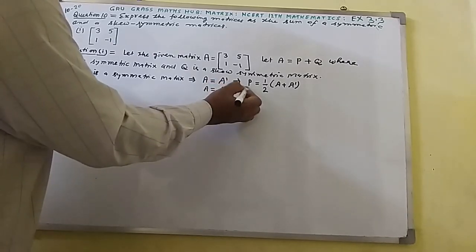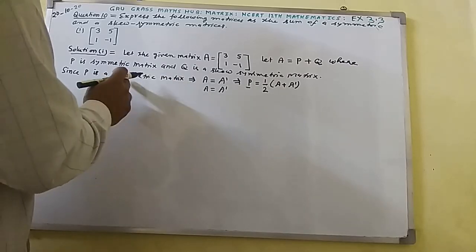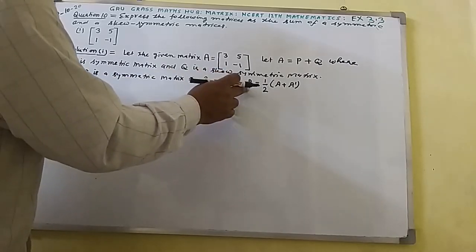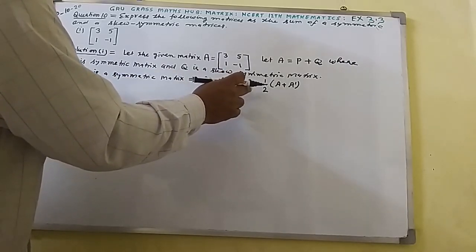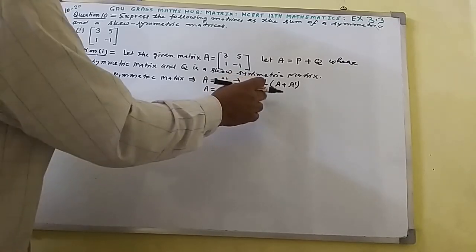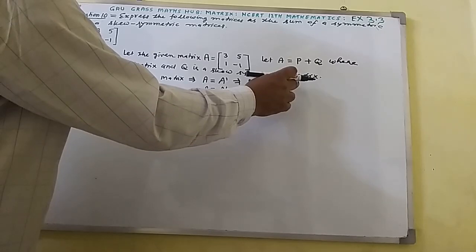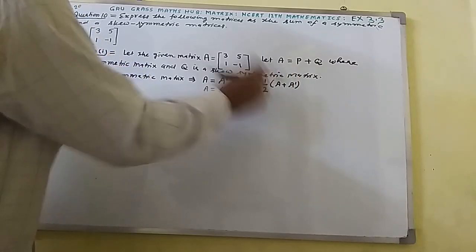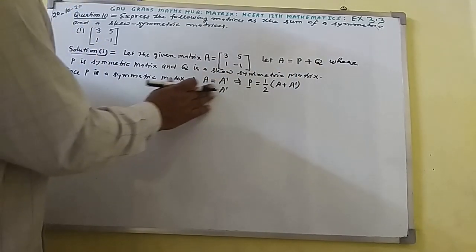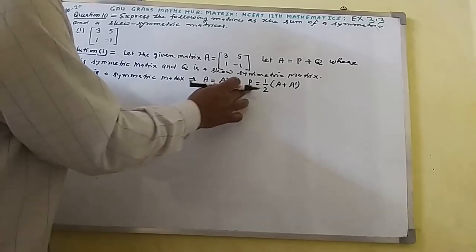So since P is a symmetric matrix, A plus transpose of A will be divided by 2. This is the formula you must remember.